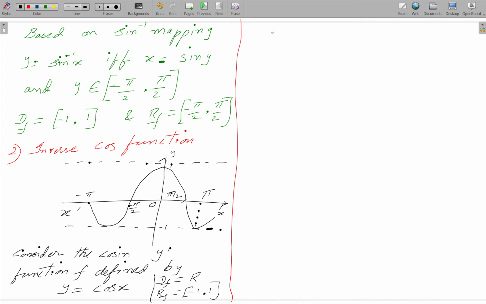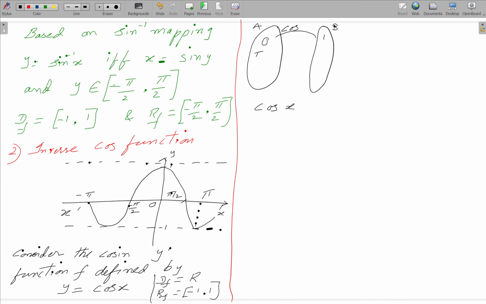Now we will map first the cos function, cos x. A is the domain side, B is the range for the cos function. When x is equal to 0, y is equal to 1.